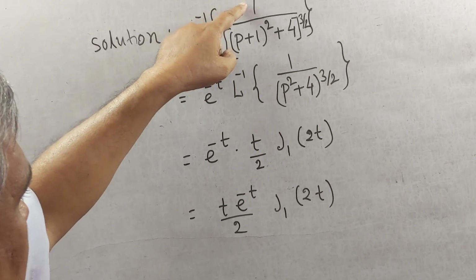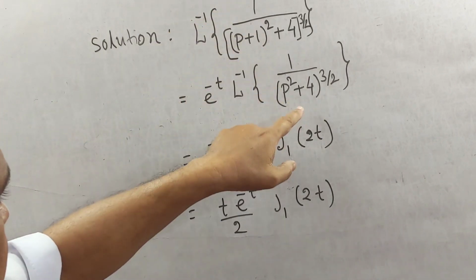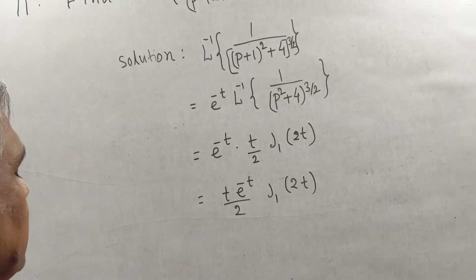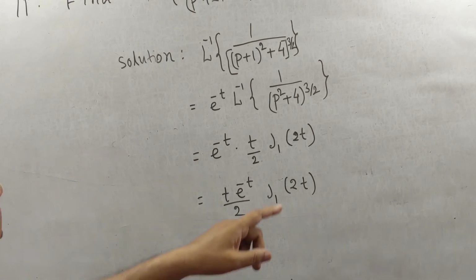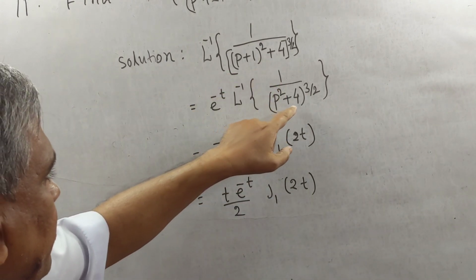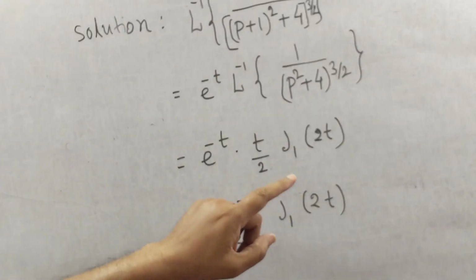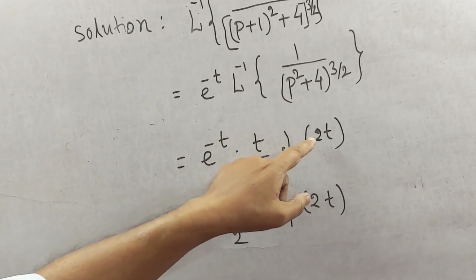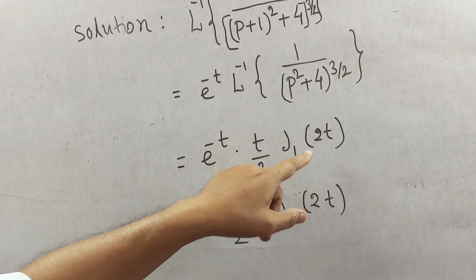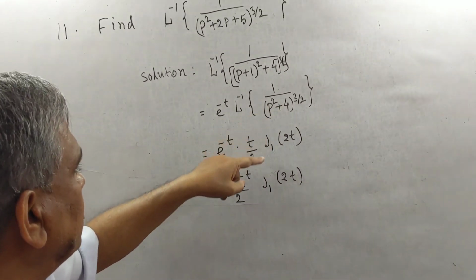There remains 1 by (p square plus 4) to the power 3 by 2. So from the formula, L inverse of 1 by (p square plus a square) to the power 3 by 2 is t by a J1(at). So in place of a we have 2.